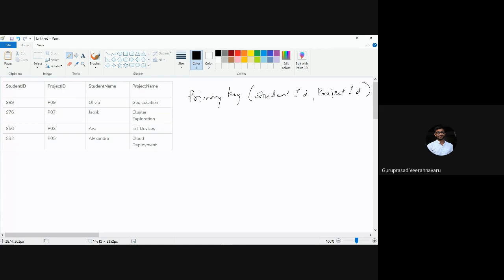And the non-primary key items are student name and project name.